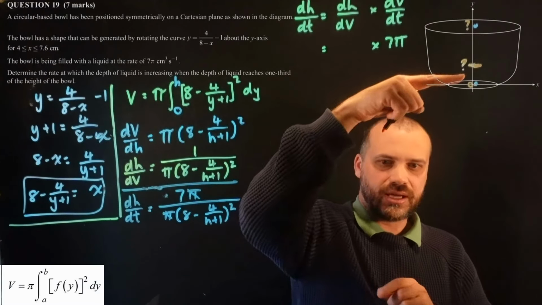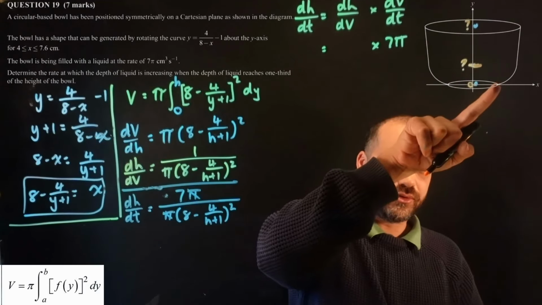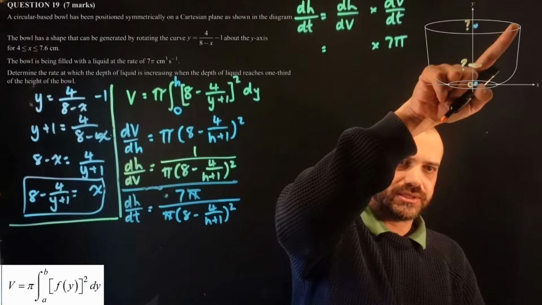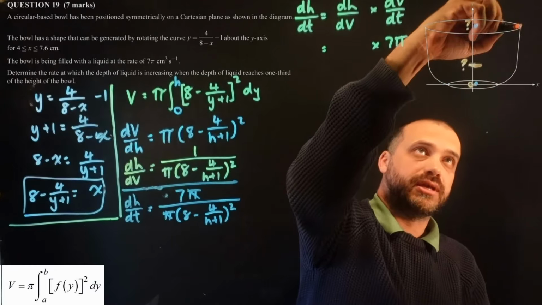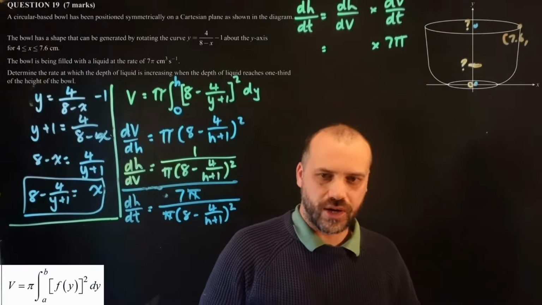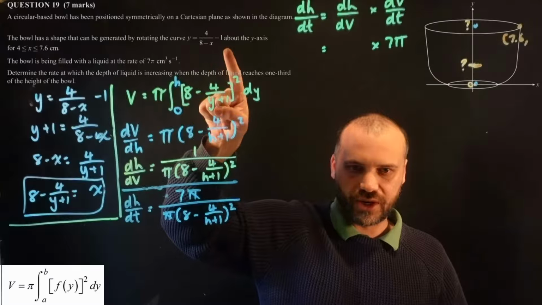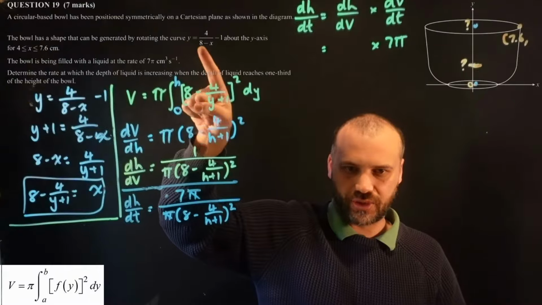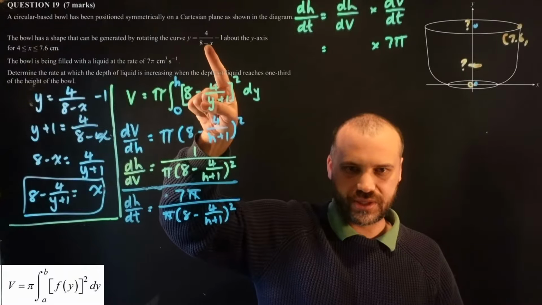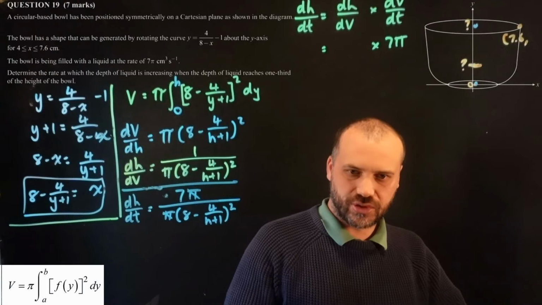I know the bowl is between 4 and 7.6. So that point there is 7.6, but I don't know the y value. Thankfully, I have a function that will let me find that y value, this one right here. So if I sub 7.6 into this, I'll know what the y value is.